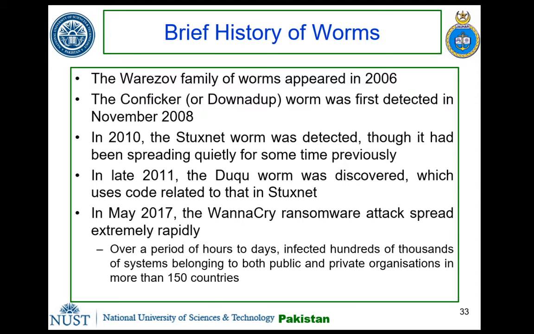In late 2011, the Duqu worm was discovered, which uses code related to that in Stuxnet. In May 2017, the WannaCry ransomware attack spread extremely rapidly. Over a period of hours to days, it infected hundreds of thousands of systems belonging to both public and private organizations in more than 150 countries.